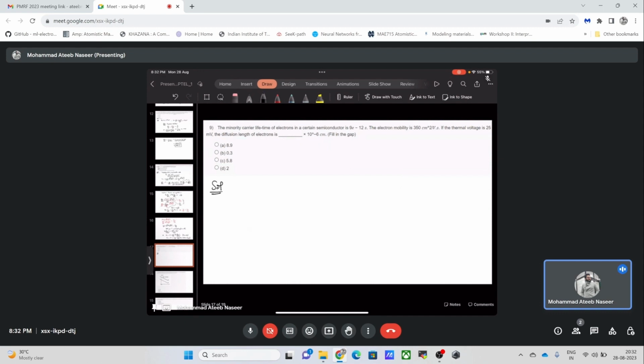This is the minority carrier lifetime of electrons, tau n, equal to 9 into 10 to the power of minus 12 seconds, and the mobility of electrons is simply 350 centimeter square per volt second. Here the thermal voltage is 25 millivolts.